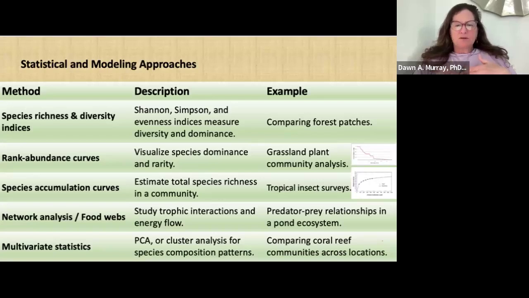PCA, principal component analysis, is a linear method and it shows you how to maximize variance. And then there's also non-metric multi-dimensional scaling. So lots of different ways.